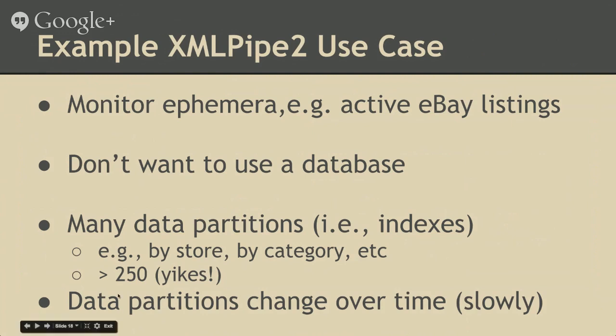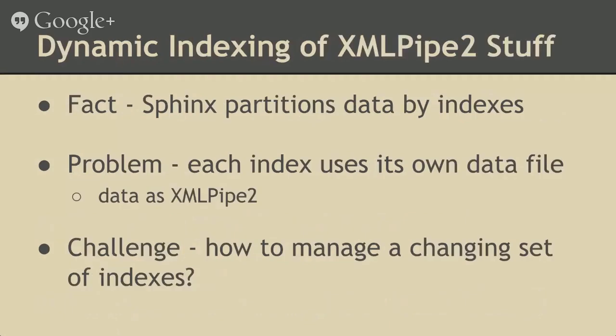Now these data partitions do change slowly over time because I track stores, I track specific searches, I can track specific categories. So sometimes categories go away, sometimes stores go away.